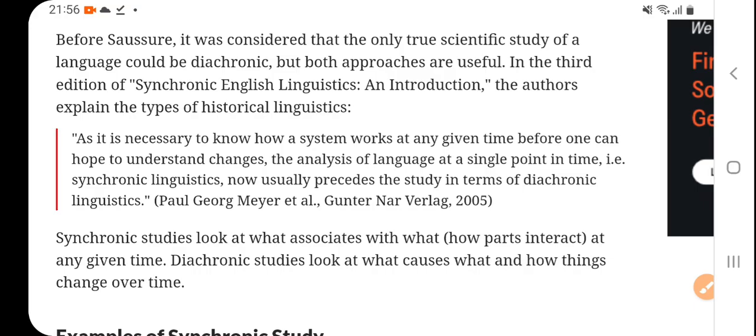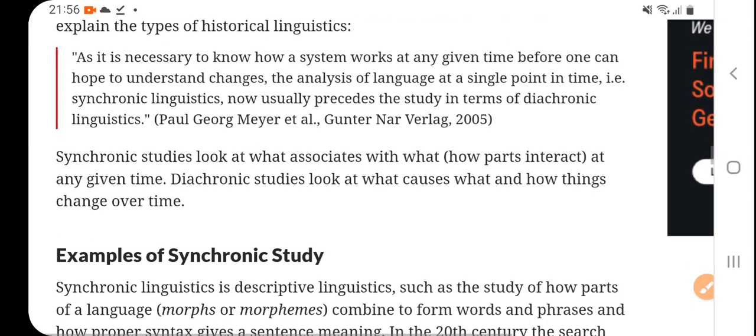In the third edition of Synchronic English Linguistics: An Introduction, the authors explain the types of historical linguistics. They say it is necessary to know how a system works at any given time before one can hope to understand changes.